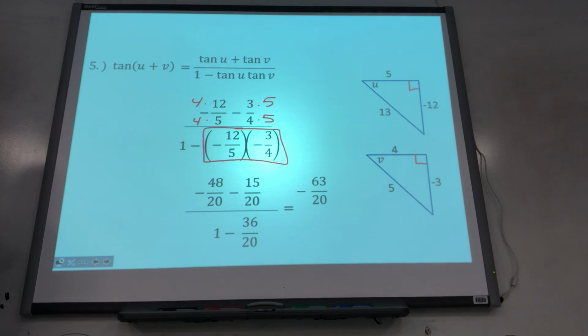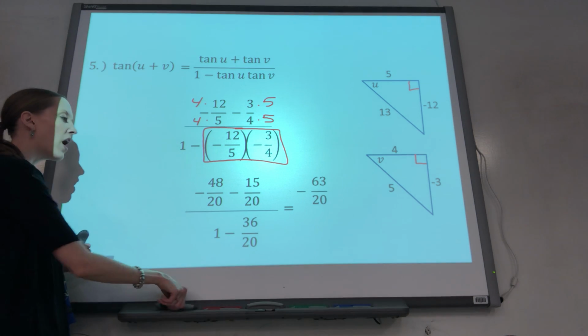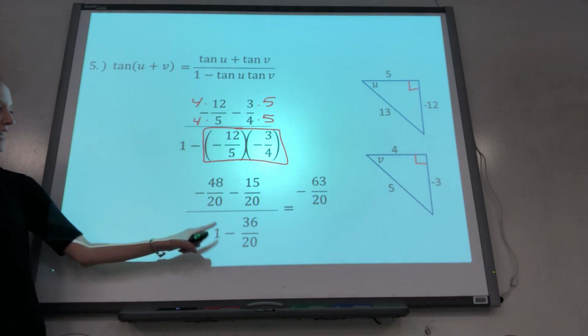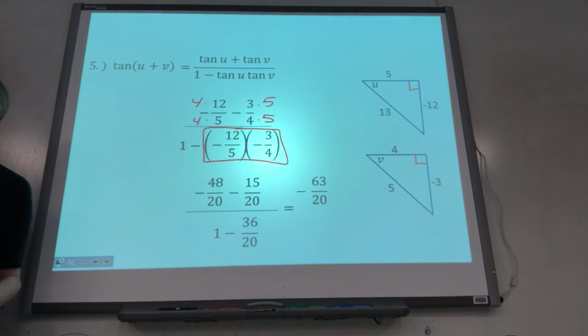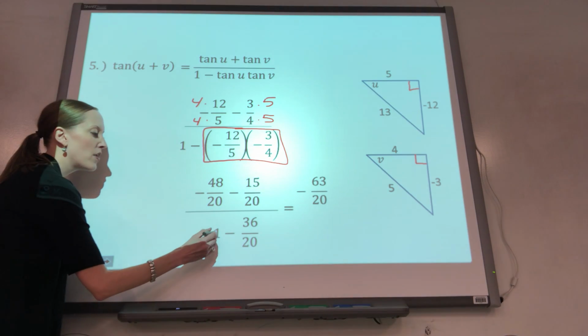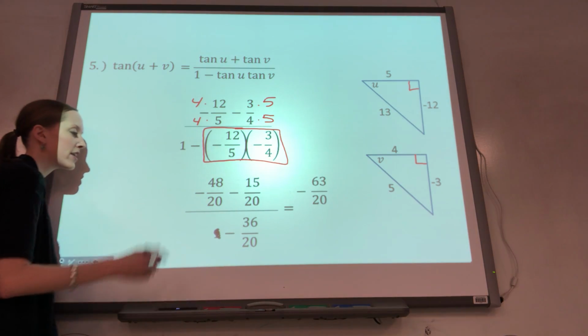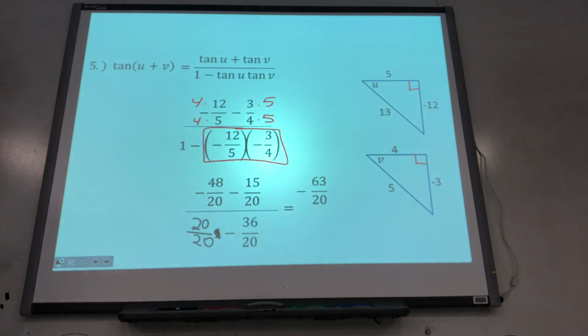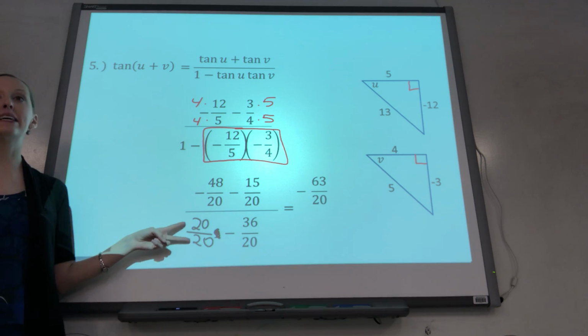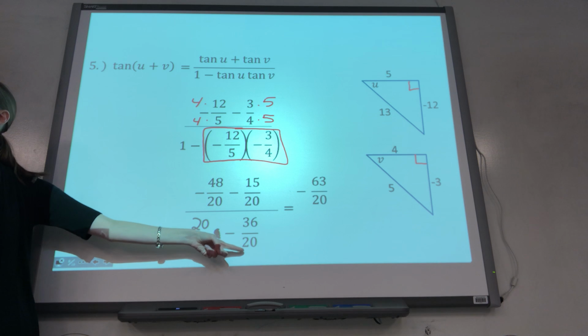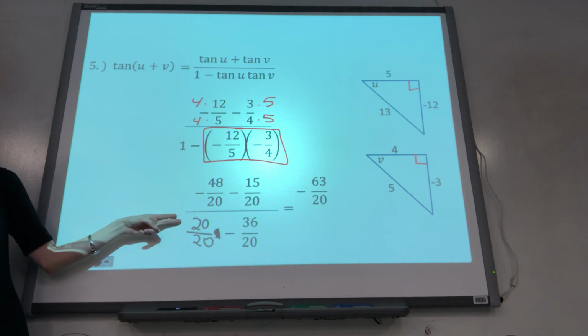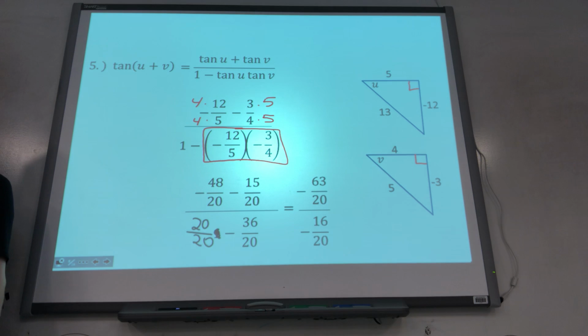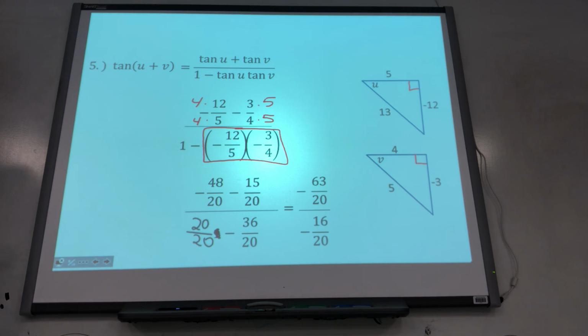That should give you negative 63 over 20. And to do this part on bottom, you also need common denominators, but this is a little bit easier to do. Think of the 1 as 20 over 20. Anything divided by itself is 1. And I picked 20 because that's my denominator over here. So 20 minus 36 is negative 16 over 20.